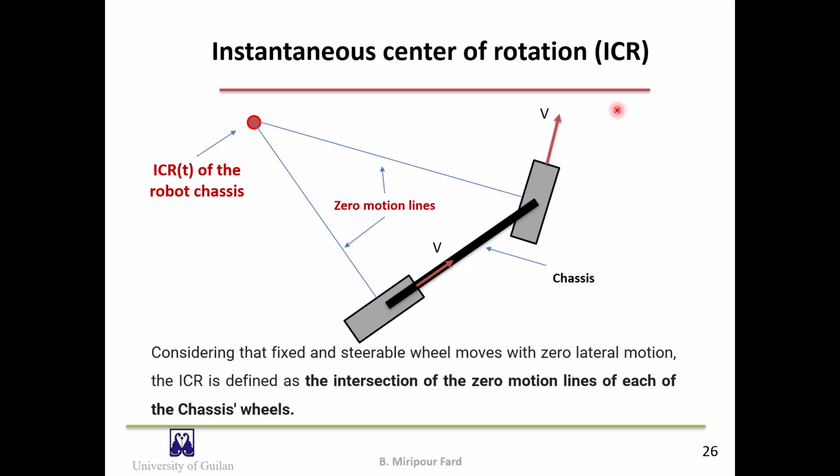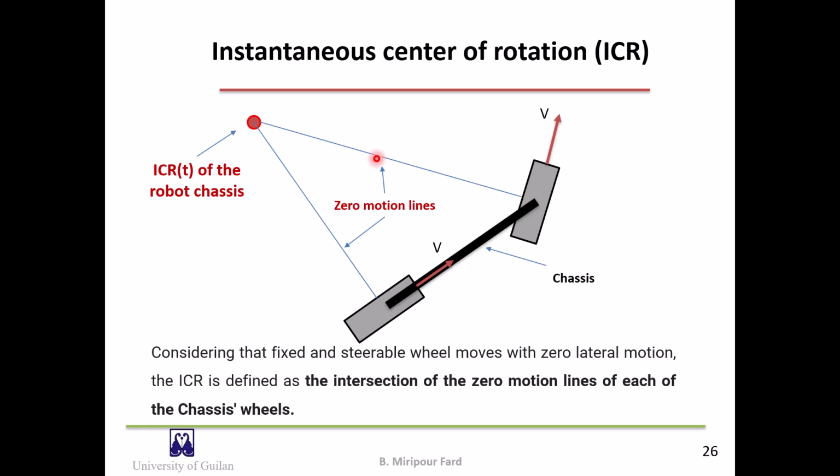The center point is called the instantaneous center of rotation of the wheel. At each instant, the motion of the robot chassis can also be viewed as an instantaneous rotation around an ICR whose position with respect to the chassis can be time varying. At any time, the ICR of the robot chassis is the intersection of all zero motion lines from the wheels.